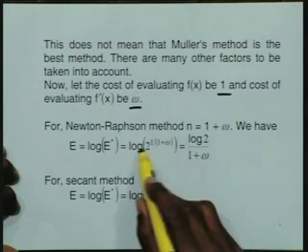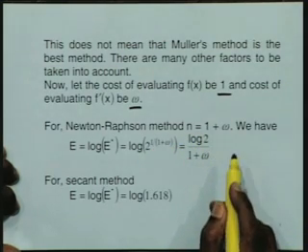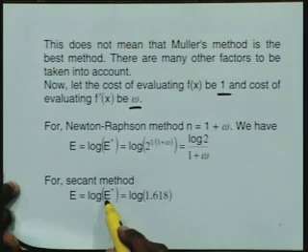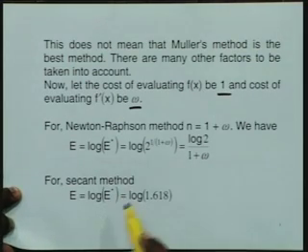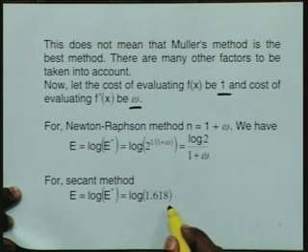This I can write as the logarithm of 2 divided by 1 plus omega. If I look at the same quantity for the secant method, it has no evaluation of f prime, therefore whatever we got earlier remains as it is. Logarithm of E star is the logarithm of 1.618.